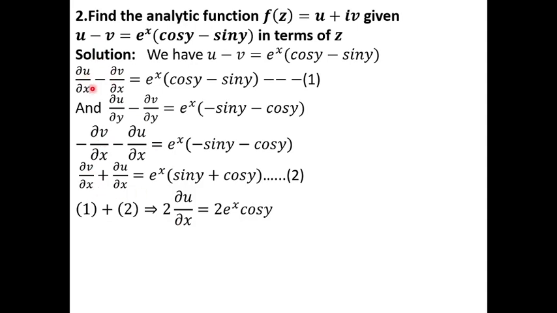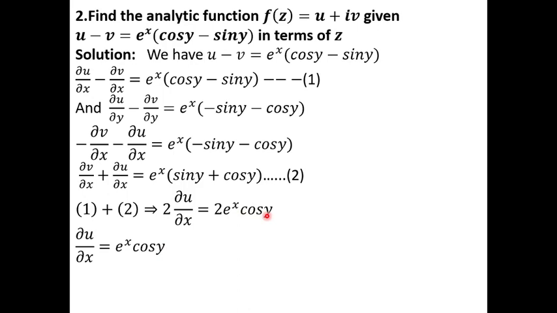Similarly, we add the RHS. e power x is common. Take it outside: cos y minus sin y plus sin y. So minus sin y plus sin y get cancelled, plus cos y gives 2 times cos y. That is dou u by dou x is equal to e power x into cos y.